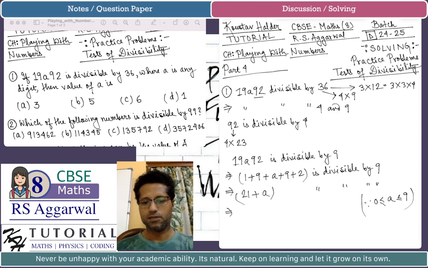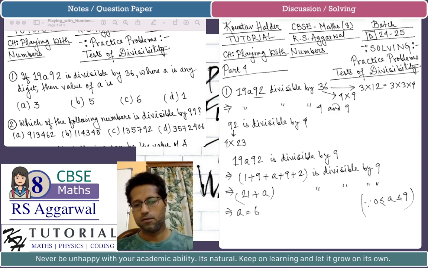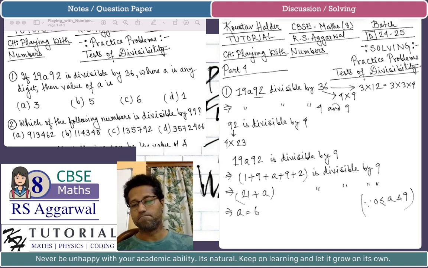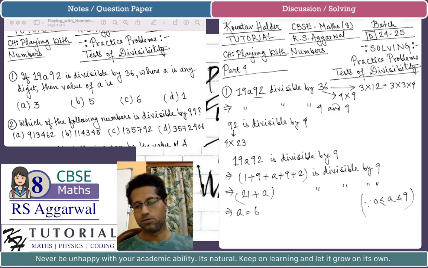Obviously, A has to be equal to 6, because if A is 6, then 21 plus 6 is 27, which is divisible by 9. The next number after 21 which is divisible by 9 is 27, so to make 21 plus A equal to 27, A has to be 6.